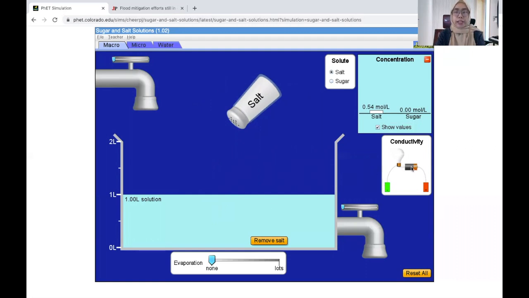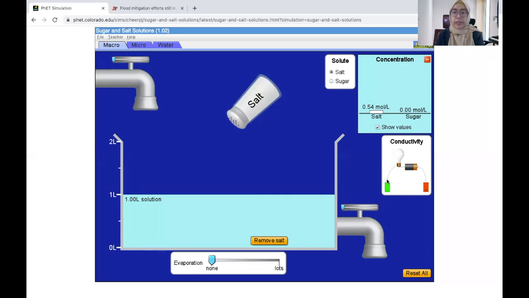And we will try to check whether it can conduct electricity or not by using this one. We have lamp, battery, electrode, and some cable. This electrode is made from conductor, for example metal or maybe graphite. It just seems like the cable.